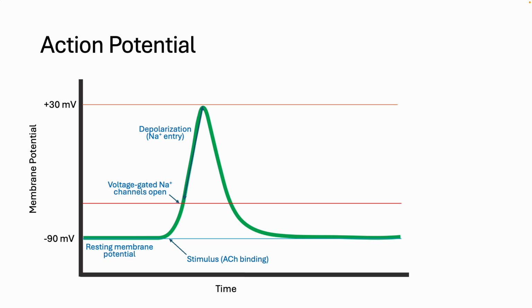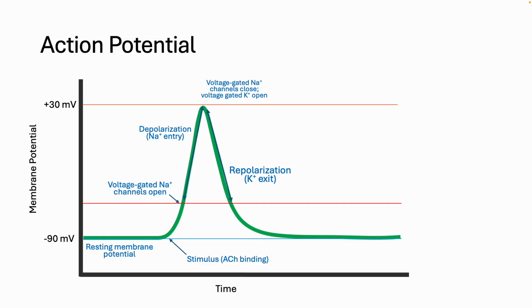Then you have depolarization. This is happening because sodium is entering into the cell. And this will happen until you reach about 30 millivolts positive. At that point, the voltage-gated sodium channels are going to close and voltage-gated potassium channels will open.